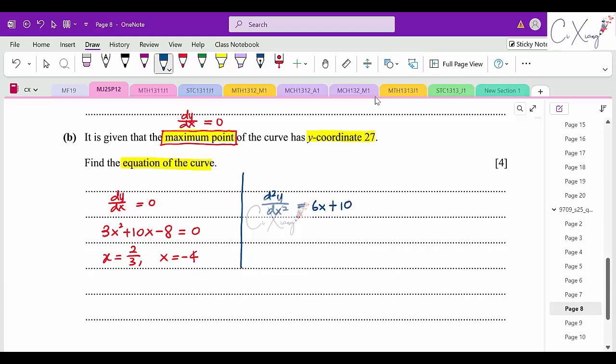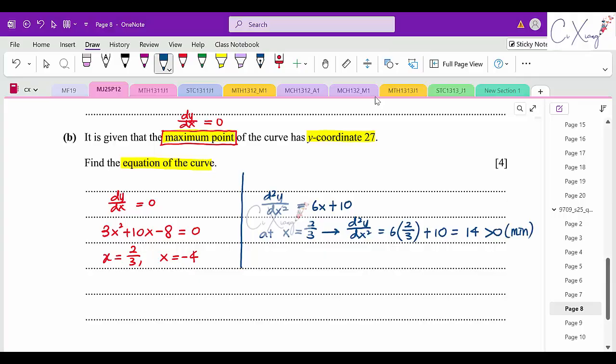Then you try and see at the point of x equals to 2 over 3, what is the value of your d square y dx squared? So you're having a 14, if I'm not mistaken. It is greater than 0.